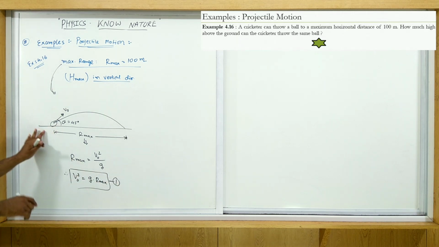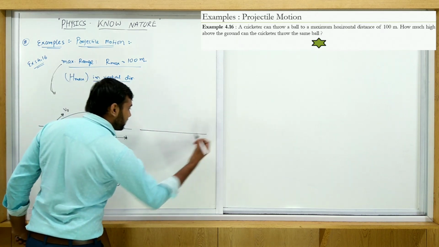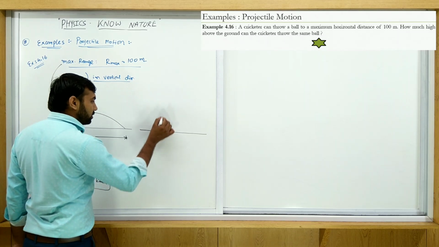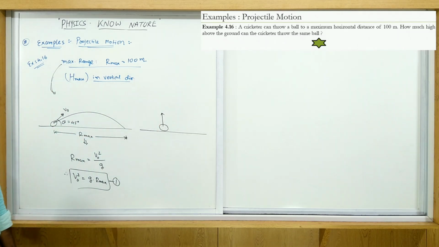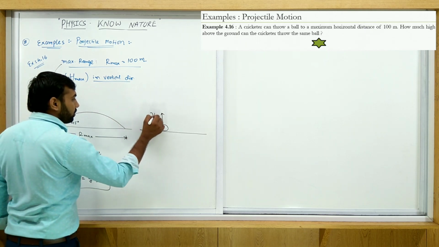Now the same ball is thrown in a vertical direction by the same person. So this ball is thrown in a vertical direction with the same speed v naught.